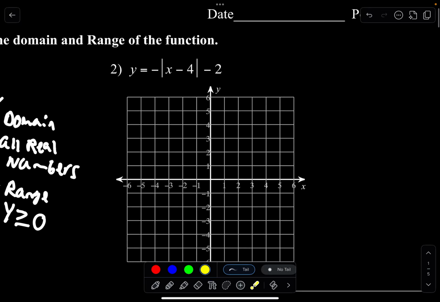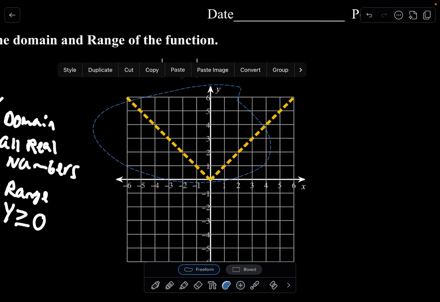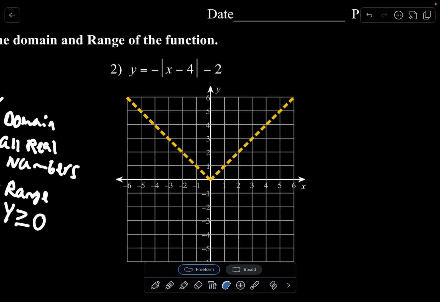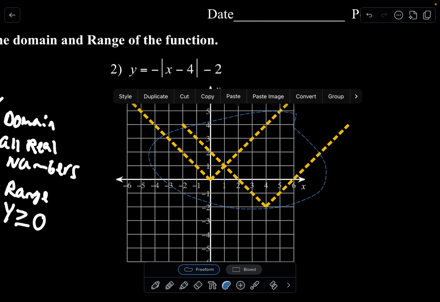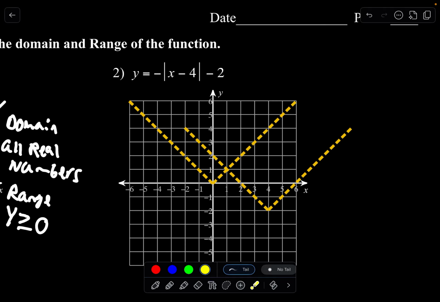Question number 2, it's going to be the parent graph. Okay, here's the parent graph right there. And it's shifted to the right 4 and down 2. All right? But now you have to take into account the fact that the graph is negative right there. So the graph is sad.